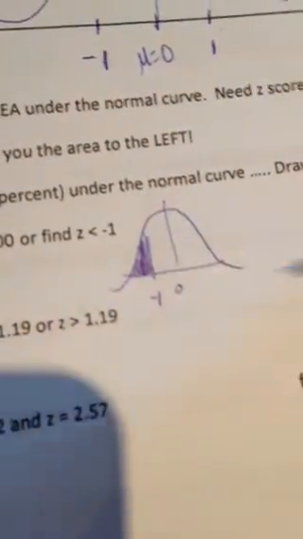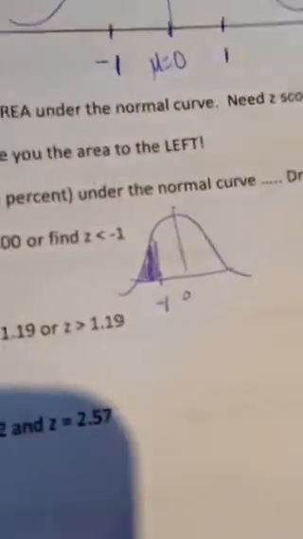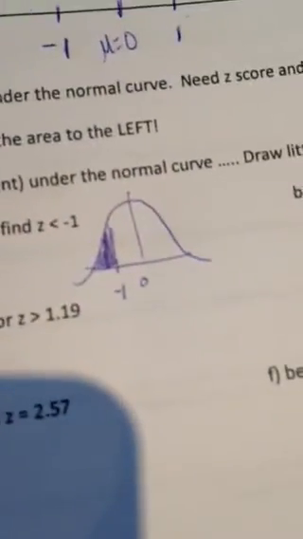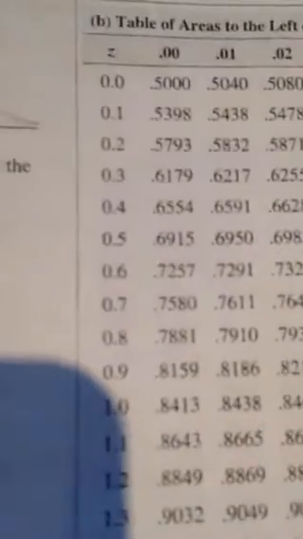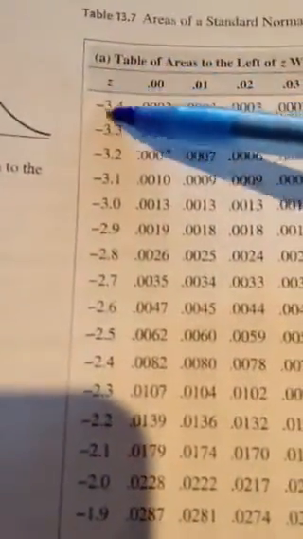What's this area is what they want, okay? To find that, you use the z-table. So you look up -1. You have one side that's positive, and you have one side that's negative. Coming straight down, these are all your z-scores, okay? And you go to -1, and this is what you want, -1.0.